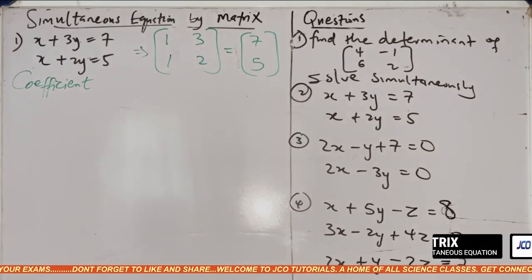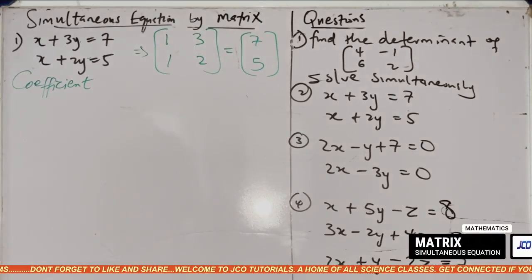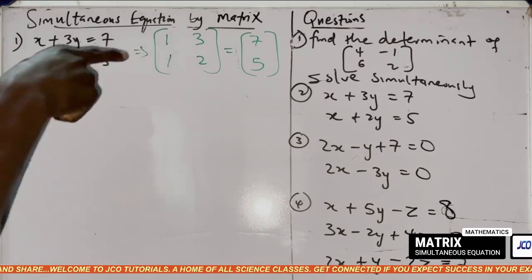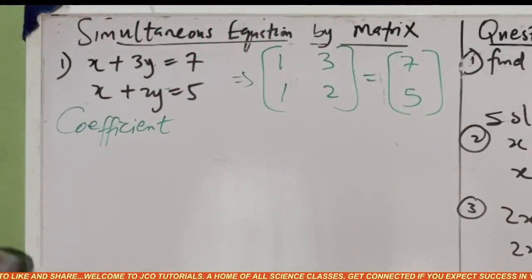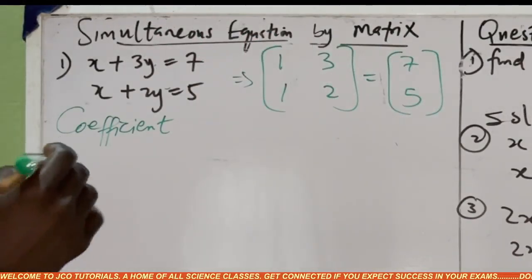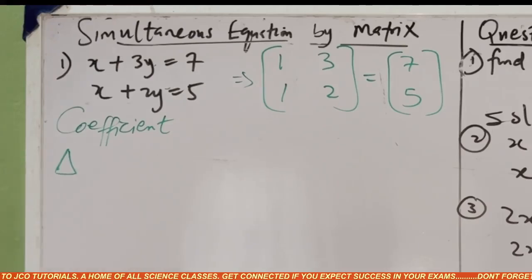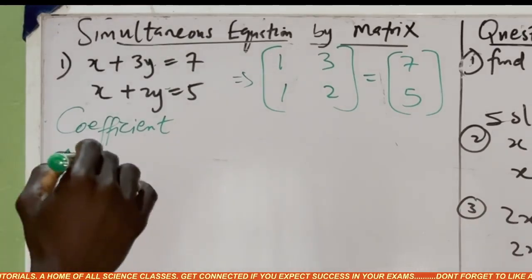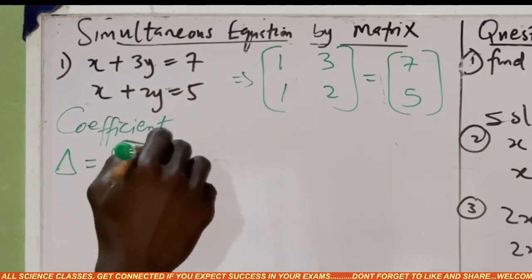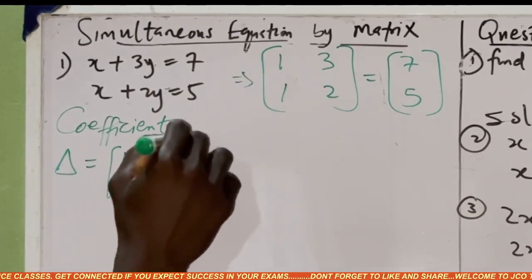I hope you understand what I'm saying. You check the coefficients and then you bring them out there. Having done that, you go on to solve. We're going to take the first determinant. The first determinant is going to be of the main matrix 1, 3, 1, 2.